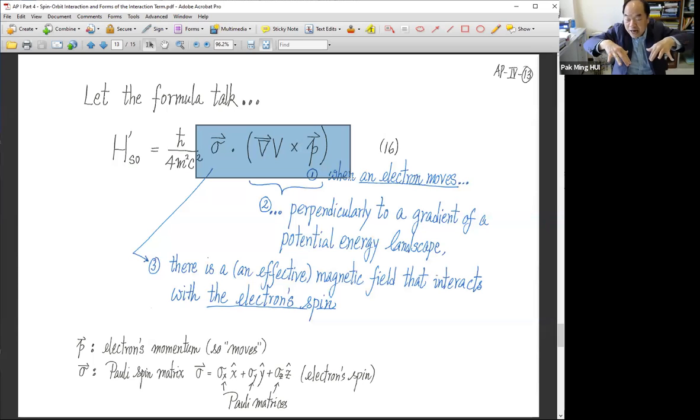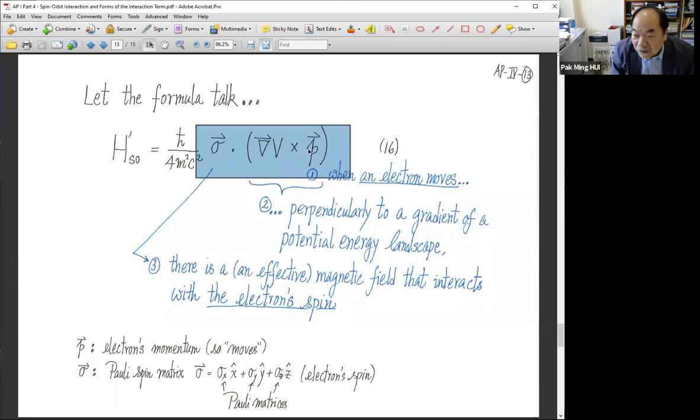But when you have an array, the landscape of this potential energy function will be periodic and rather complicated. Nonetheless, there will be a gradient, and that will be okay.